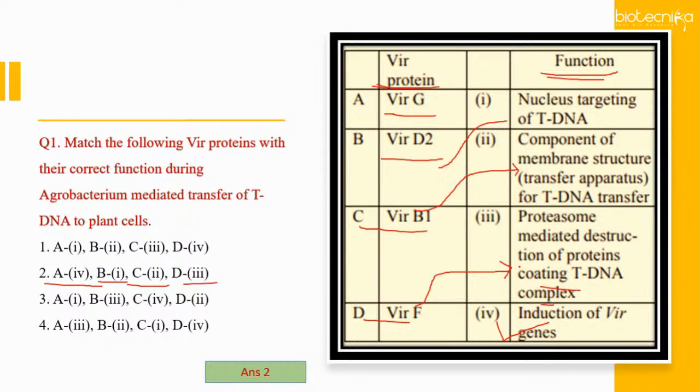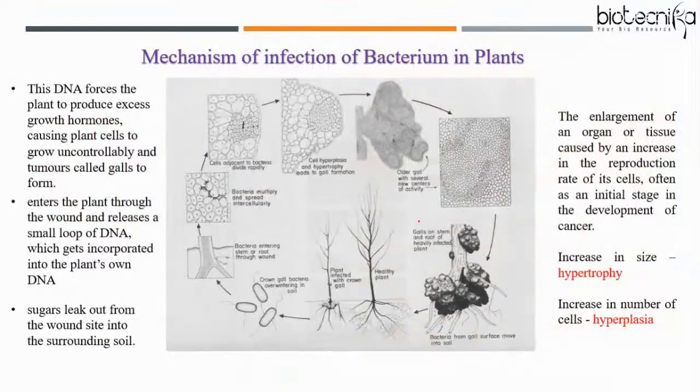Now, let's find out what Agrobacterium is and how the gene transformation takes place. When it comes to the mechanism of infection of bacterium in plants, how exactly are things happening? You can see here we have a healthy plant. Bacteria is already present in the soil, right?